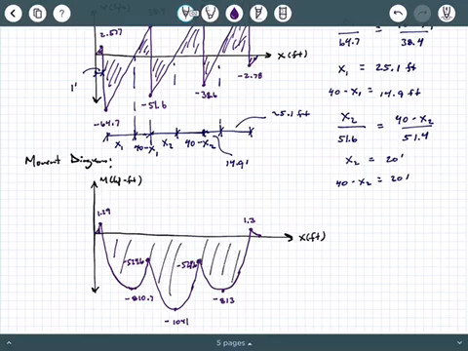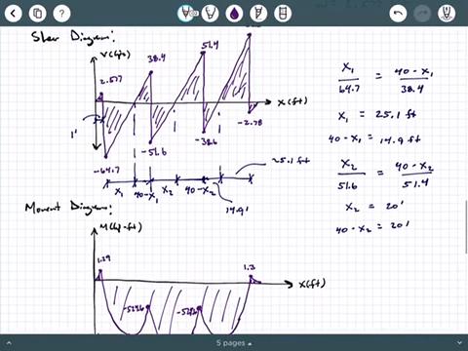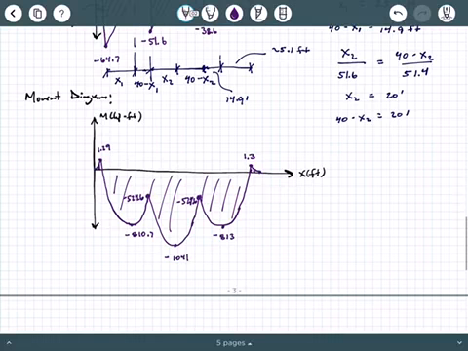So this should be our moment diagram, which looks a little odd. It does look a little odd, but all of these are concave up parabolic segments that correspond with linear increasing shear segments. And notice that we have a lot of negative moment here.